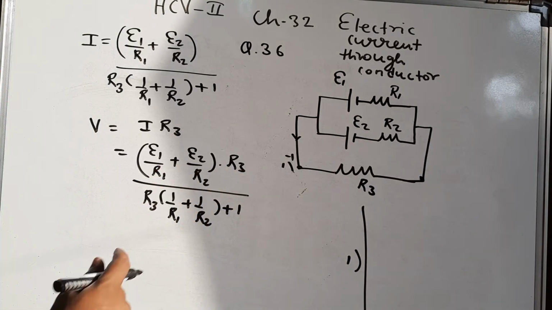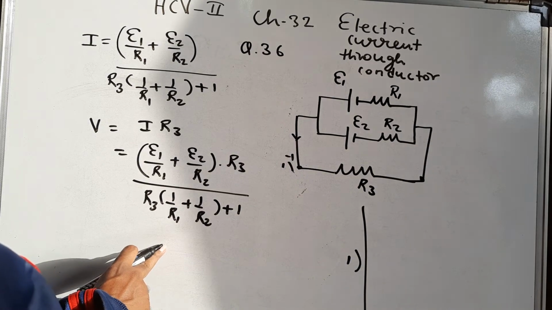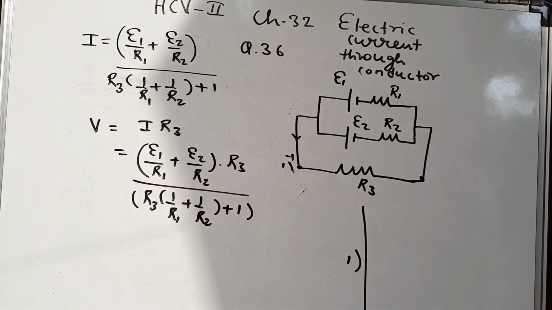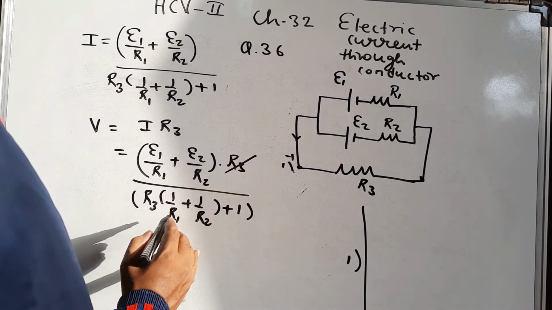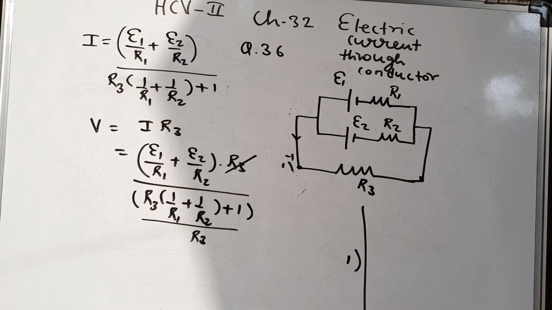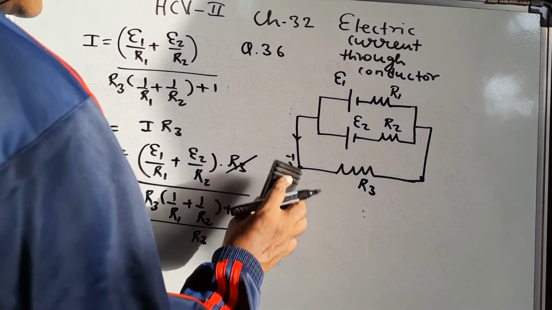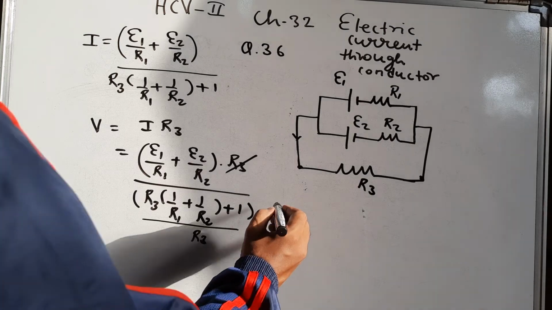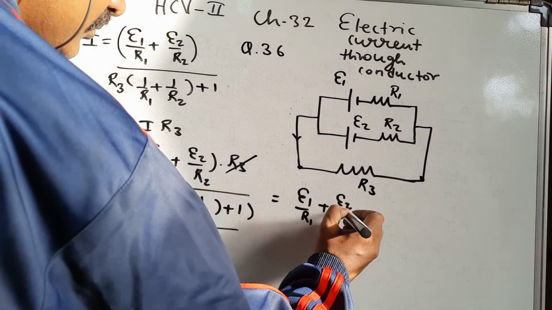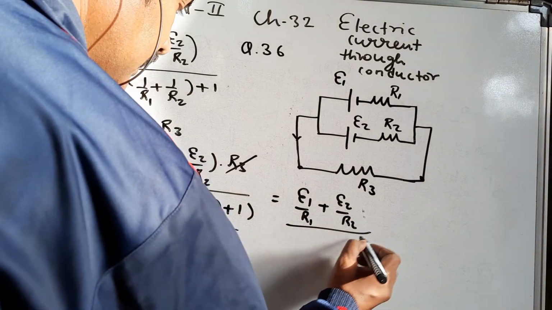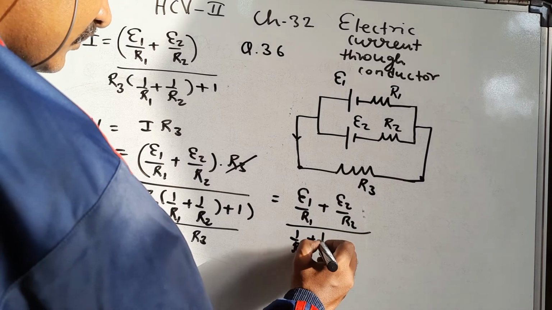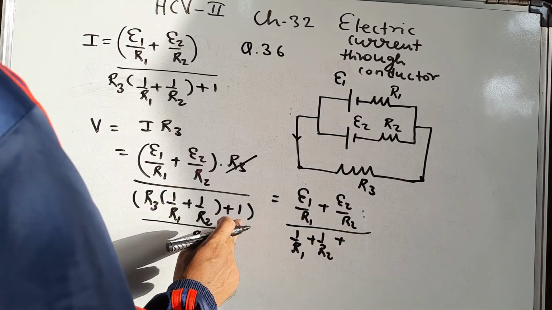Now what we do is we take this R3 down, divide the denominator each term by R3. So I take this down here, divide by R3, and what do I get? I get E1 by R1 plus E2 by R2 divided by R3 cancel, 1 by R1 plus 1 by R2 and 1 upon R3.